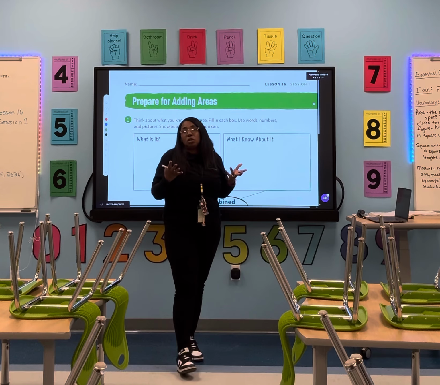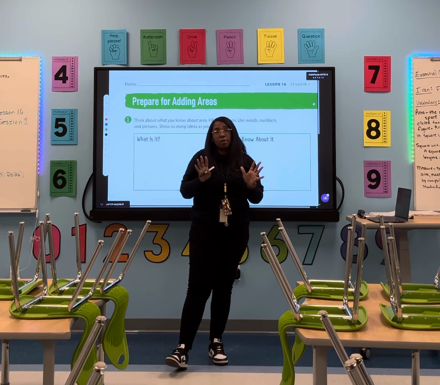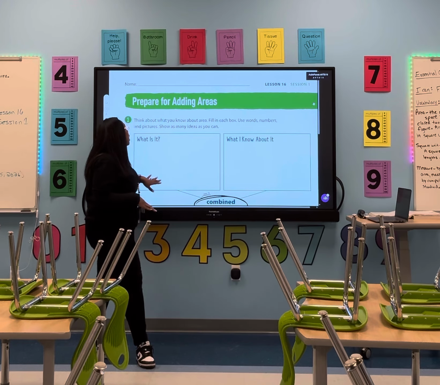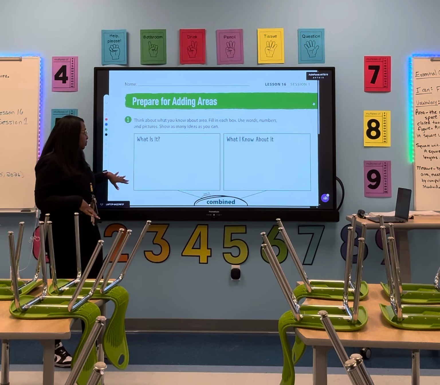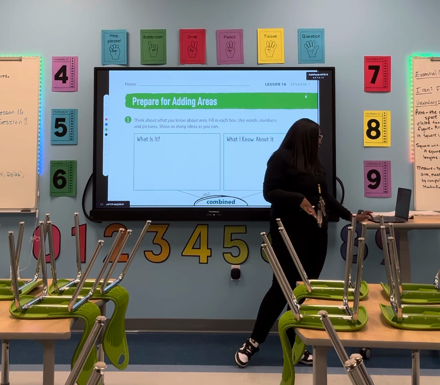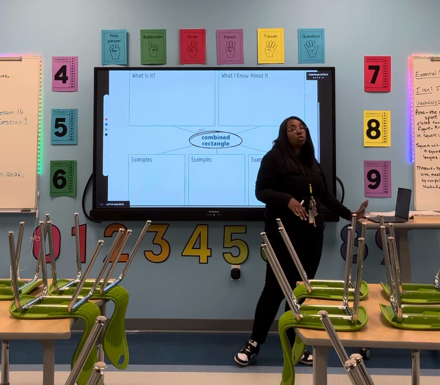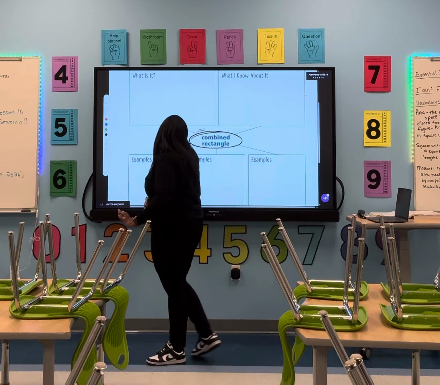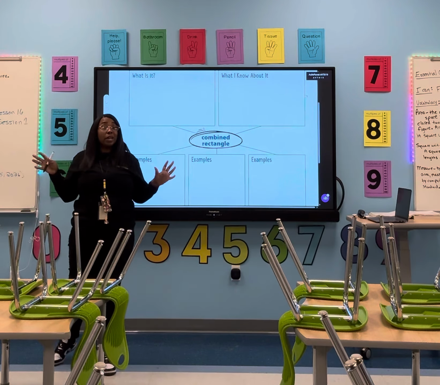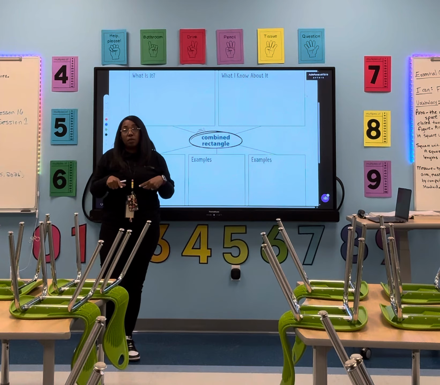How we're going to use adding is that today we had a new vocabulary word called combined rectangles. And I had already done this part with the students in class, so they already have all this filled out. With combined rectangles, we have two or more rectangles that we combine together to get the total area of a larger rectangle.